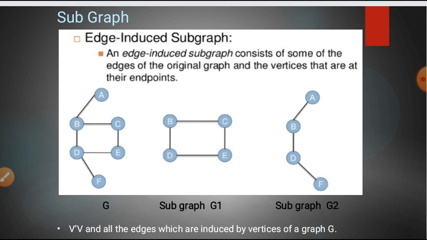Whatever endpoints we have in this graph, that was A, B, D and F, because without D and B we cannot connect A and F, so we have to add both points as well. So this is an edge induced subgraph.